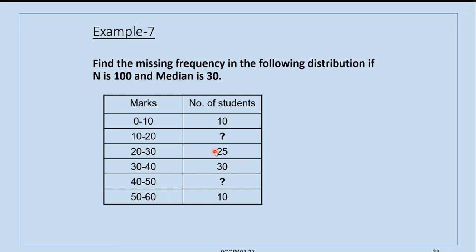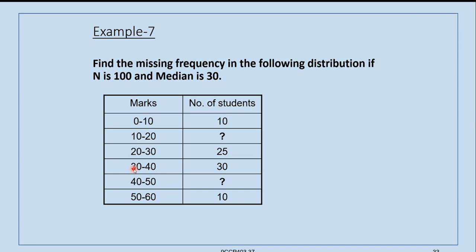Here we take another example. Here two frequencies are missing and n is equal to 100, that is n by 2 is 50, and the median is 30. So the median is 30 means it may fall here or it may fall here also. So we will take 30 to 40 as the median class.